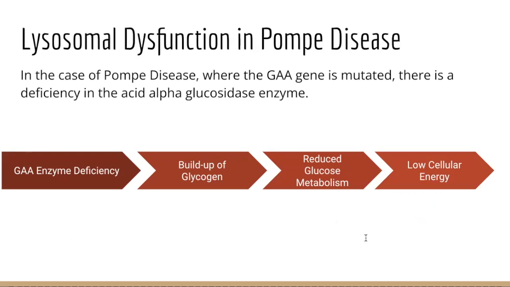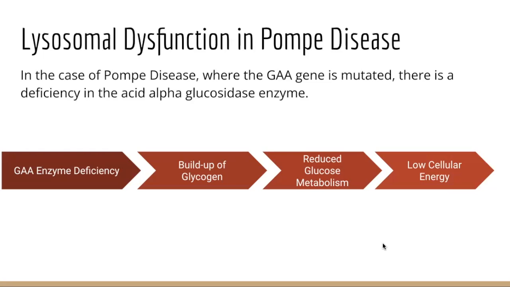And as we know also, glycogen buildup is often toxic to our cells and leads to many physiological disorders, such as an enlarged liver. It would also, of course, lead to less liberated glucose, which would mean that glucose metabolism would be reduced. As we know, glucose is a major component of cellular respiration for energy production.